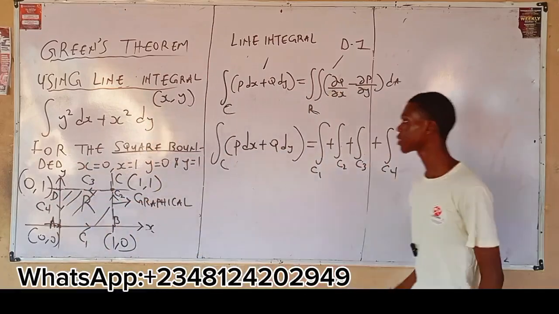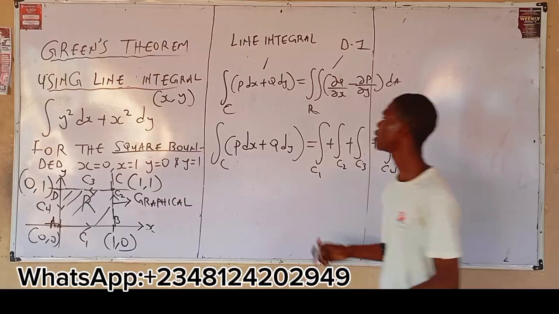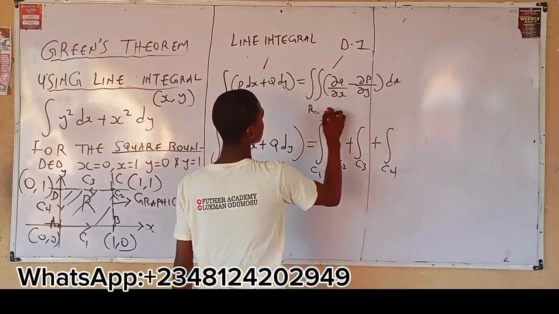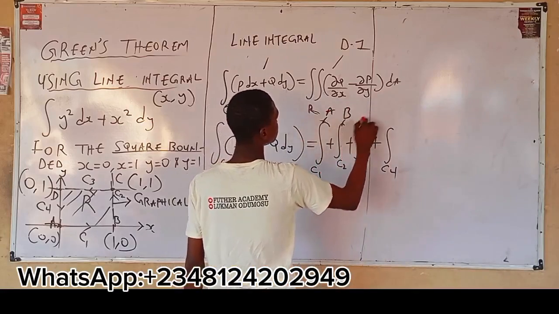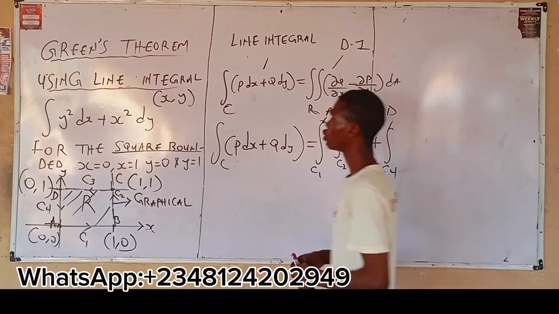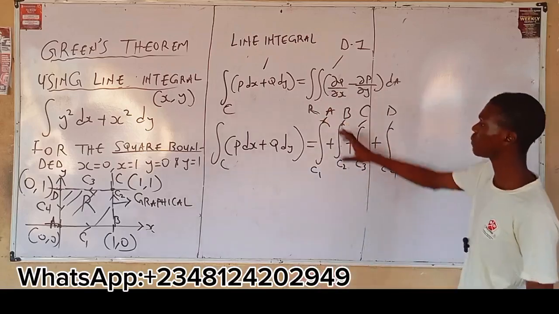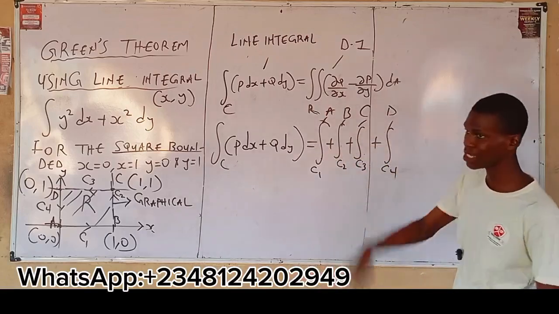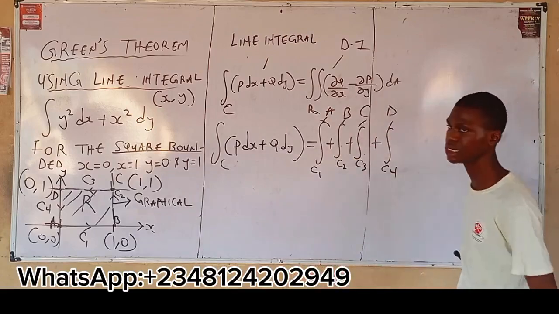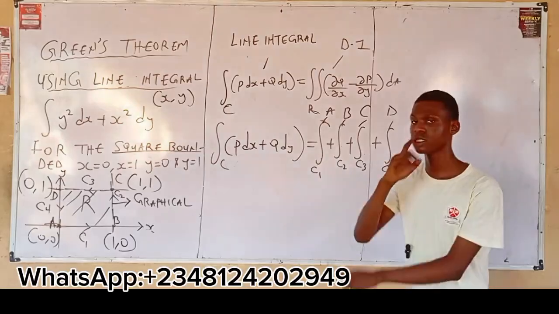So we represent these as segment A, segment B, segment C, and segment D. Whatever approach we apply to segment A, we also apply the same method to segment B, segment C, and segment D. Nothing is changing.